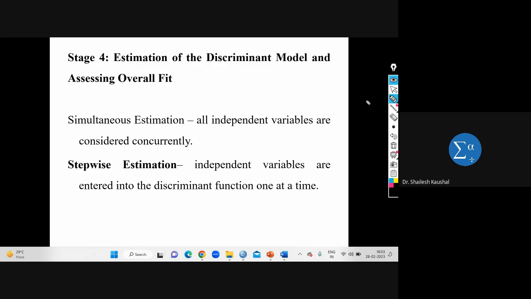And we use stepwise estimation. Stepwise means, for example, we are taking one dependent variable and three independent variables. Stepwise means in Model 1 we are taking only one independent variable and one dependent variable.